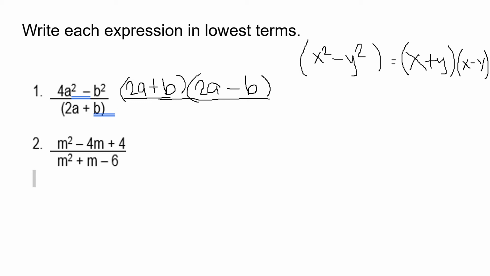Yan. So ito na yung factor based on our pattern. Over or divided by 2a plus b. So yung magkaparehong factor o terms natin sa numerator and denominator, ika-cancel na natin siya. Yan. So ang final answer natin dito ay 2a minus b.